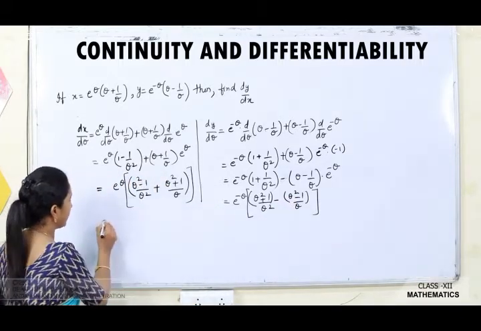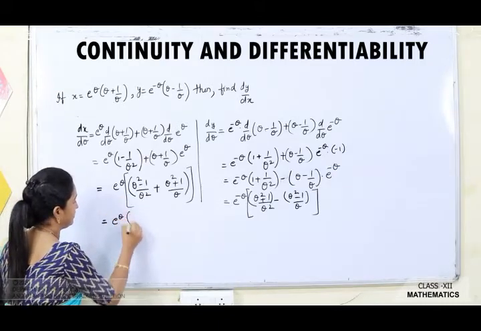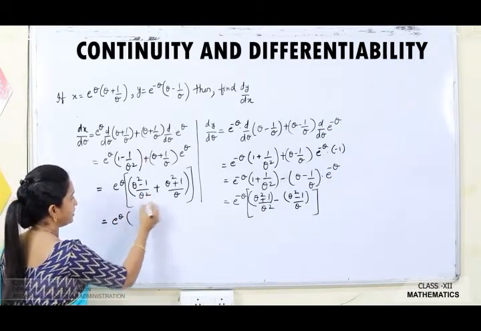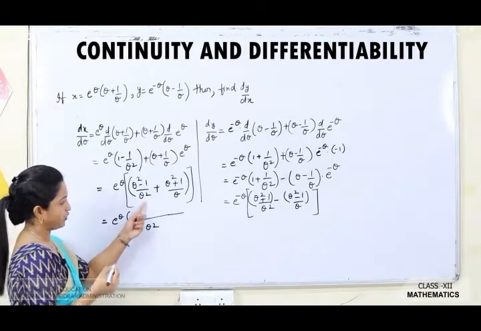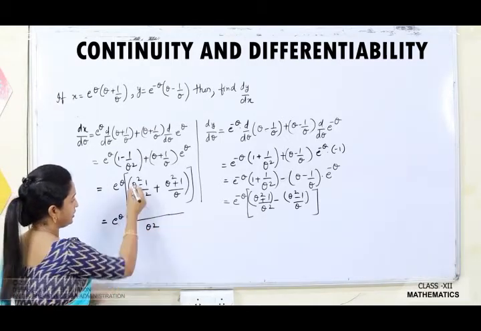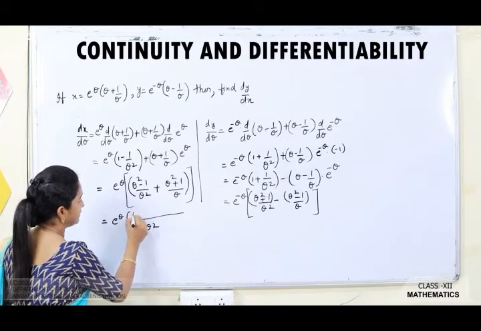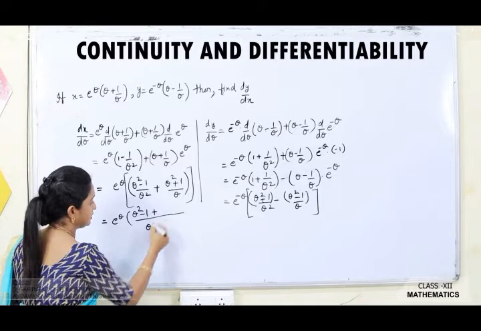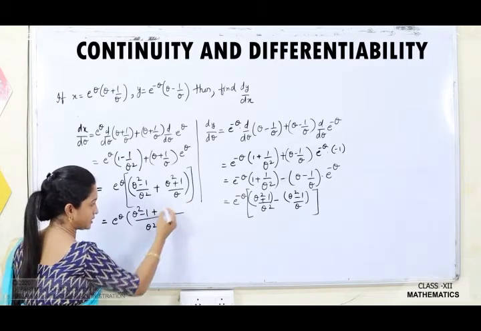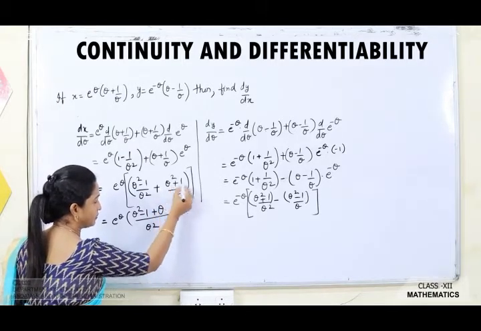Now, here again I am simplifying. So, when you simplify, you can take the LCM as theta square. If you take LCM as theta square, here you are going to get what? Theta square minus 1 plus theta square is the LCM, you have only 1 theta. So, 1 theta gets multiplied with these two terms.